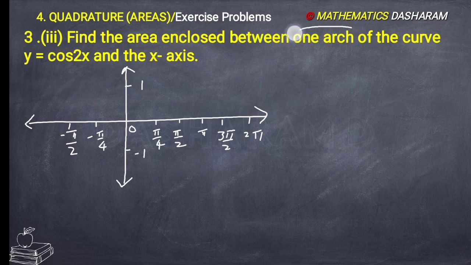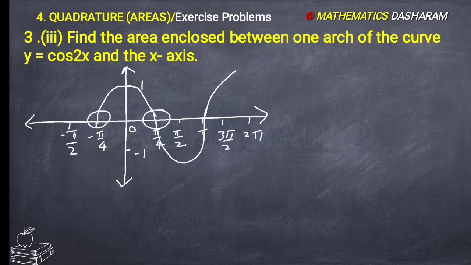We know that an arch is nothing but the first curve, here this is the first curve, next this is the second curve, like this. So what is the first curve? The portion between minus pi by 4 and plus pi by 4. So this area is the first arch of the curve y equals cos 2x.